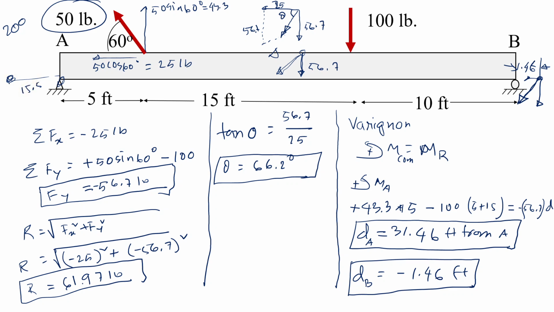So this is where the resultant force acts, right here. So if you find something surprising like this, going outside of the beam, which is okay, you can check the calculation again, but don't get surprised if the resultant comes outside of the load. It is possible.